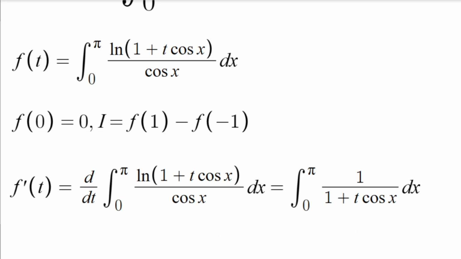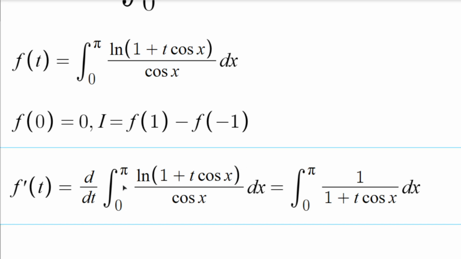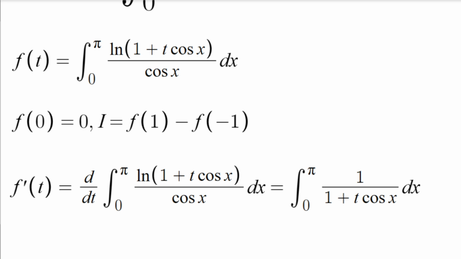All right. So if we take the partial with respect to t of our integrand right here, we would get 1 over 1 plus t cosine x. Then times the derivative with respect to t of t cosine x, which would just be cosine x, canceling this. So now we have f prime of t equaling this.